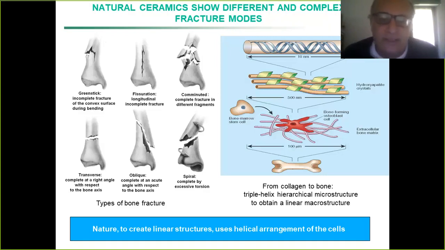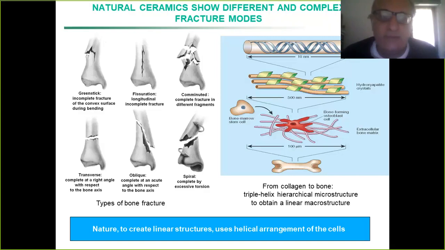Of course, this has in the end a number of different ways of breaking, which people working in medicine know quite well, like the green stick, which is typical of teeth in many cases.